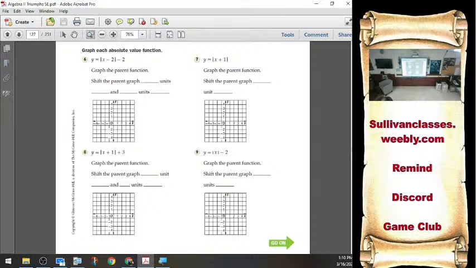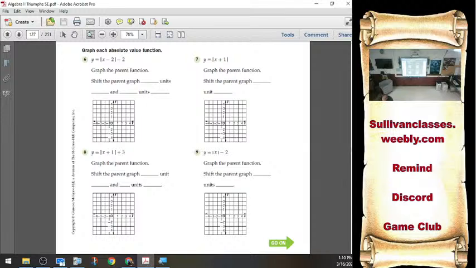So we always start with a V at 0, 0. And then on this side, the slope is 1. On this side, I'm just going to mirror it, but I'm going to go left. Okay. So that's the base form.